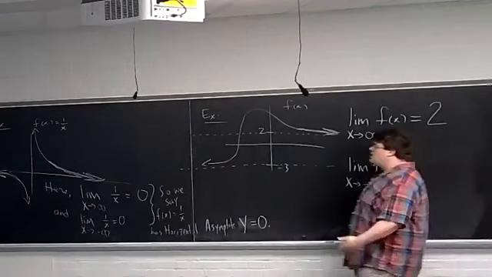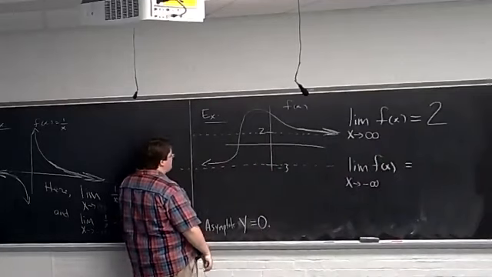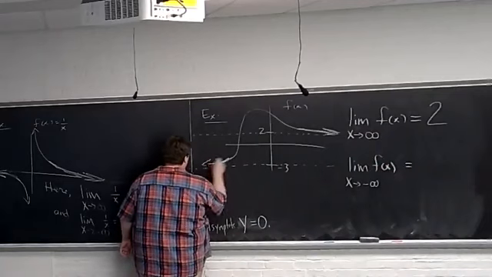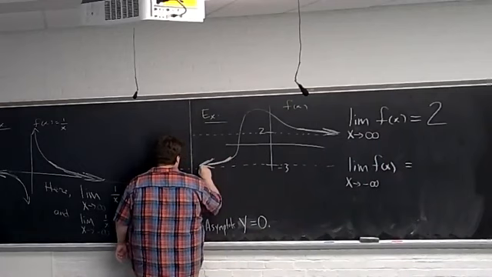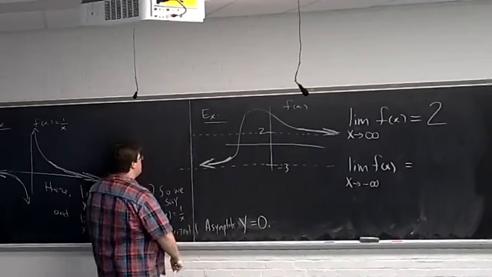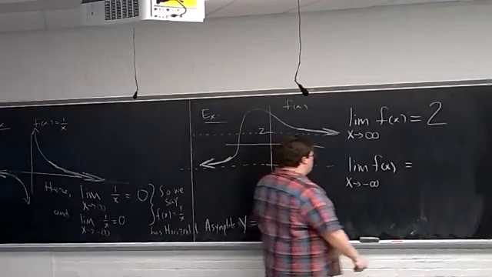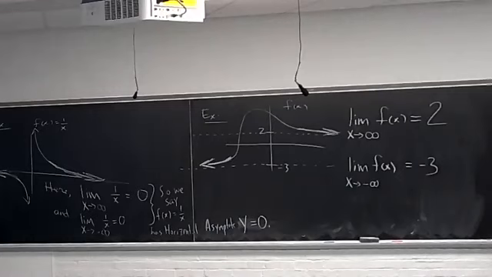What about the limit as x approaches negative infinity? Well, we look at the negative side. As x keeps getting more and more negative, the curve goes down to -3. So that limit is -3.